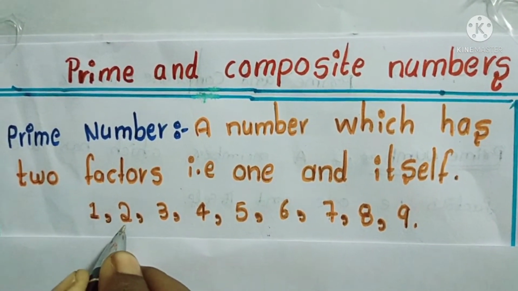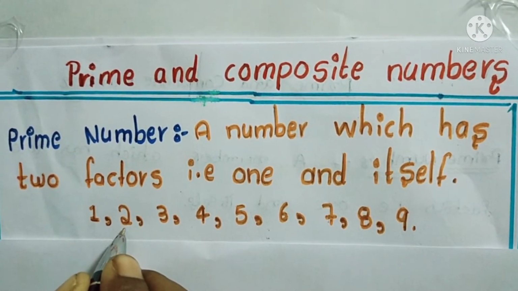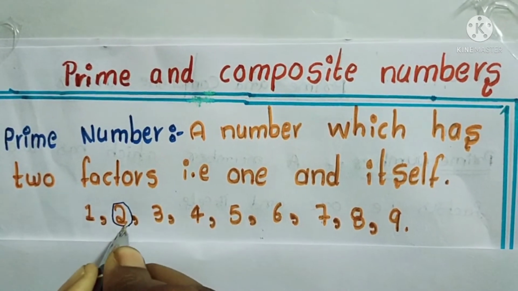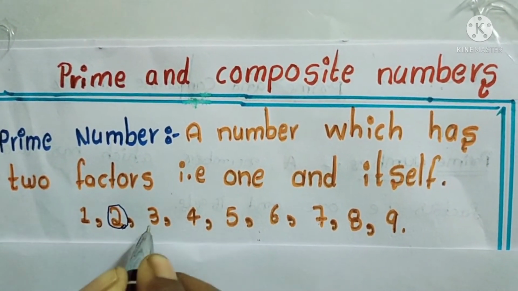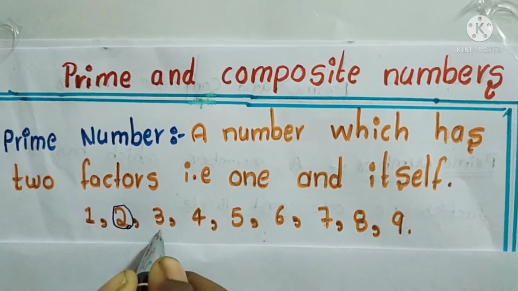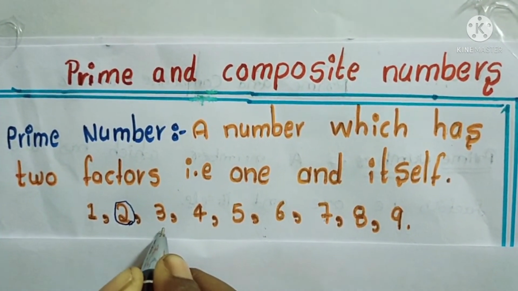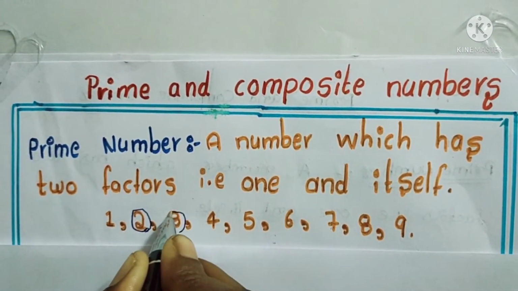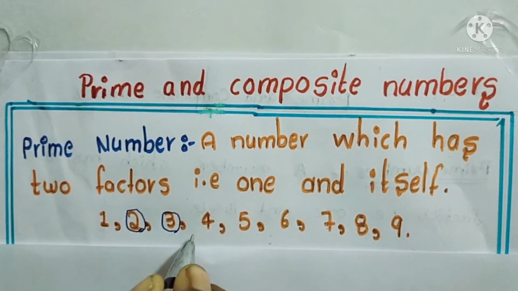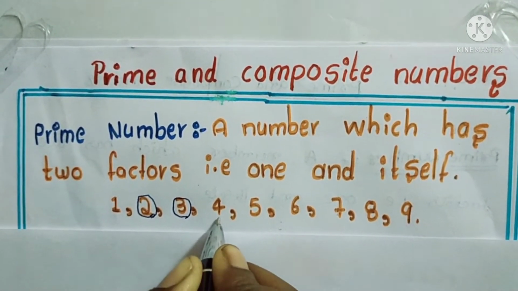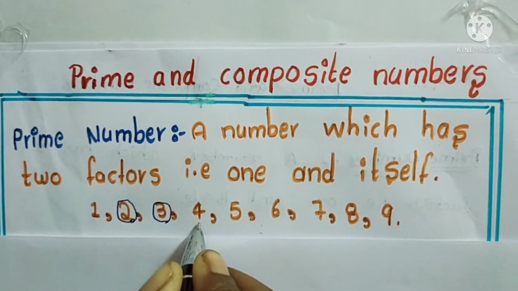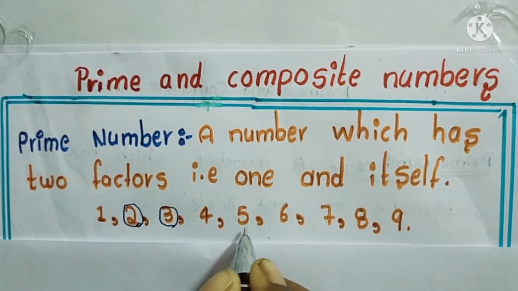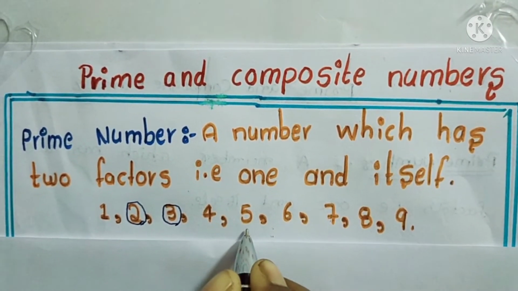2 has only two factors, 1 and itself. So it is a prime number. 3 is also a prime number. It has two factors, 1 and itself. 4 has more than two factors, so it is not a prime number. 5 is a prime number.